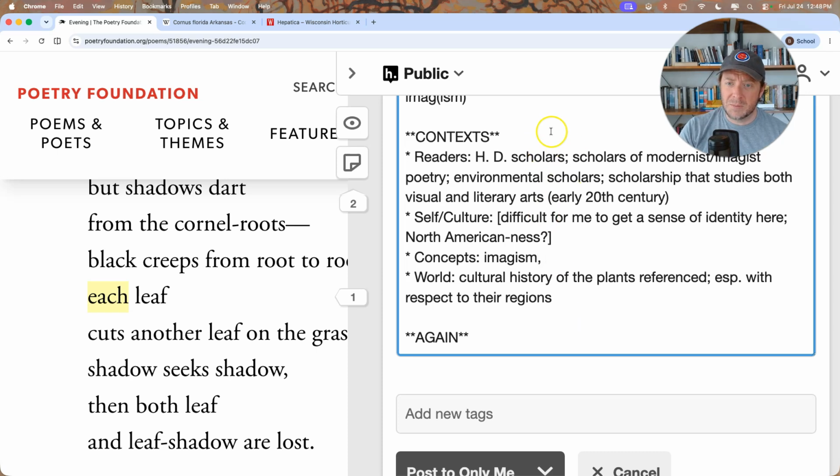I know this maybe overlaps a bit with the readers, but here I'm talking about the specific kinds of terms and concepts that might organize more developed work on this poem. So, Imagism, and repetition does seem important. Repetition is actually a pretty key theoretical concept in French theory, post-structuralism, but also in poetics and narratology, literary studies in general.